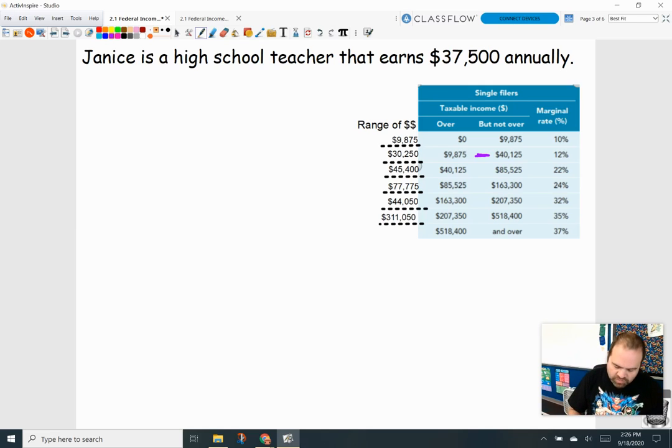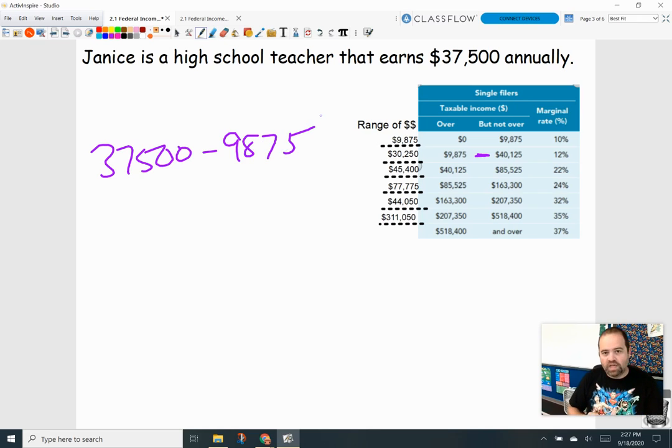So since she falls between 9,875 and 40,125, I need to see how much of her money is there after the 9,875. So I'm going to take the 37,500 and subtract off the 9,875, and that will tell me how much of her money is going to get taxed at 12%. That's $27,625.